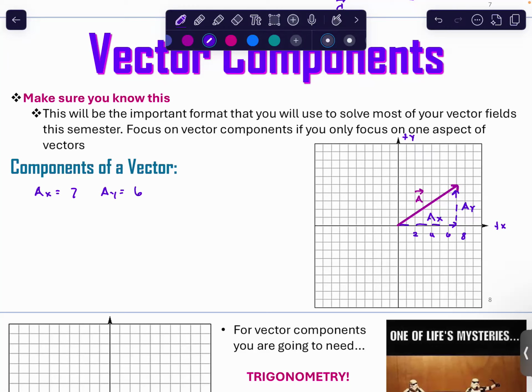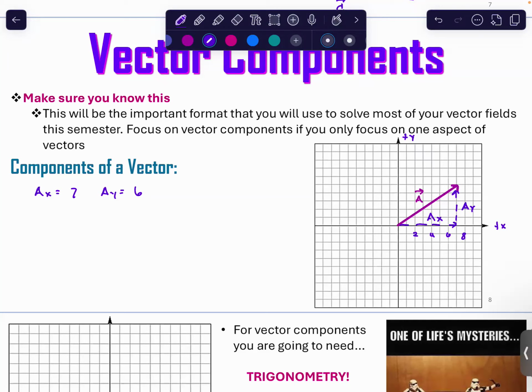It should be 6. Close. But we're getting the idea that this vector exists in both the X and Y directions. It has a part that is a magnitude in Y, and a part that is a magnitude in X. And based off positive or negative, that points a certain direction. So these component vectors also have both size and direction.